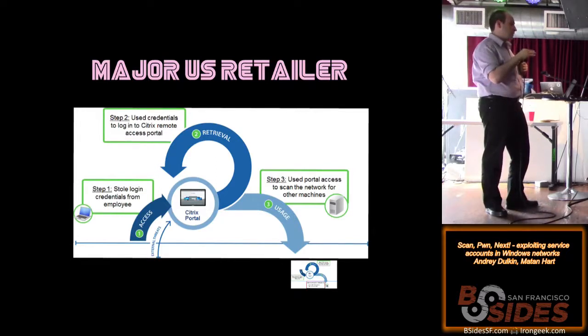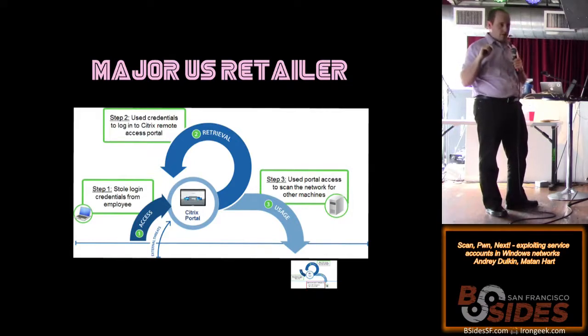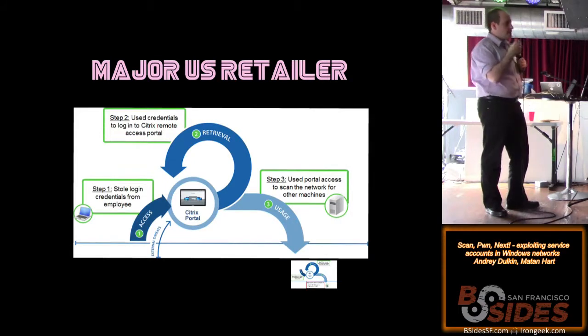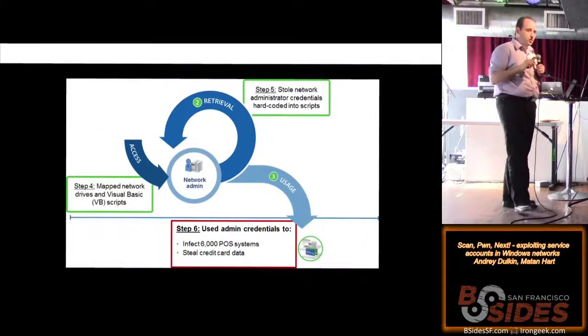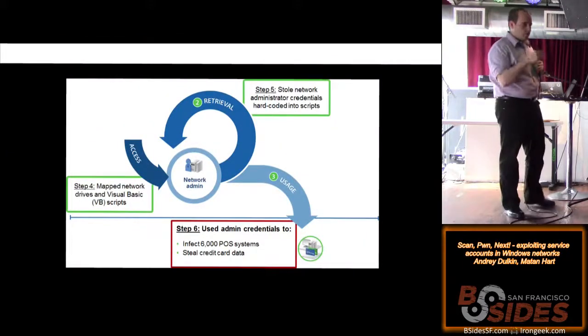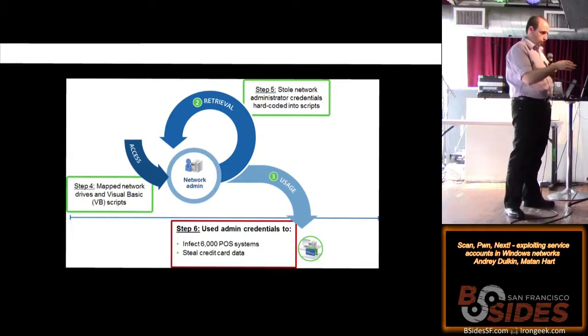But all the attacker got was a way into the Citrix portal of that organization. Now, from that Citrix portal, the attackers were able to find machines in the network, and on those machines, the attackers found multiple VB scripts configured to operate inside the network, conduct various tasks, all of them configured to use a domain admin account.